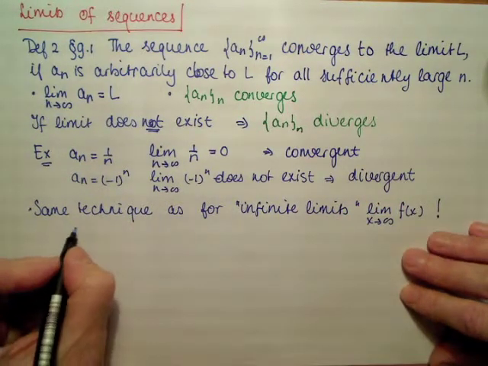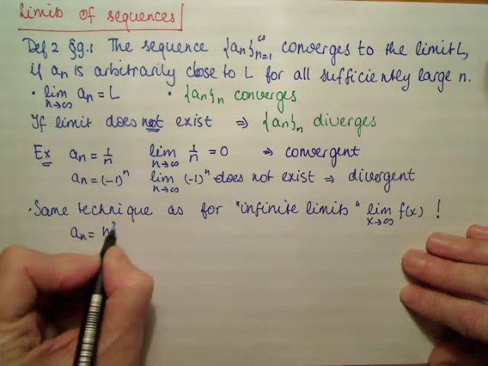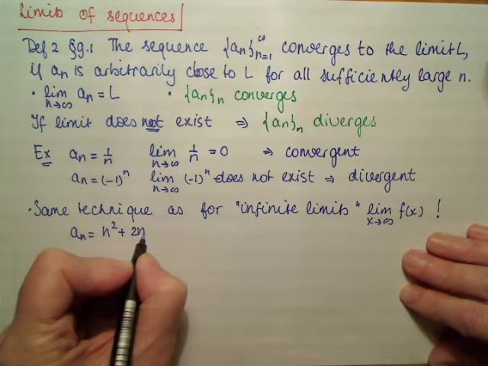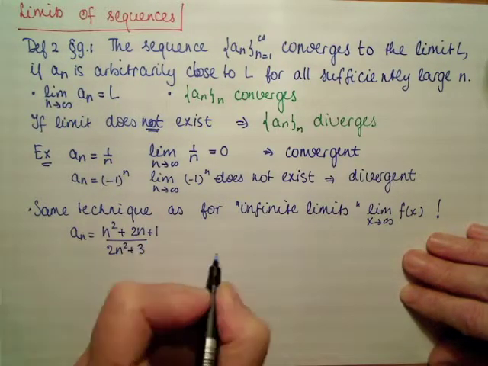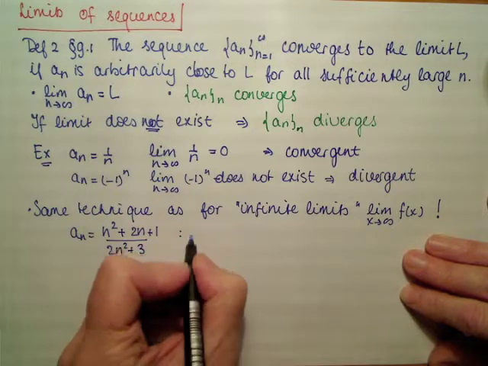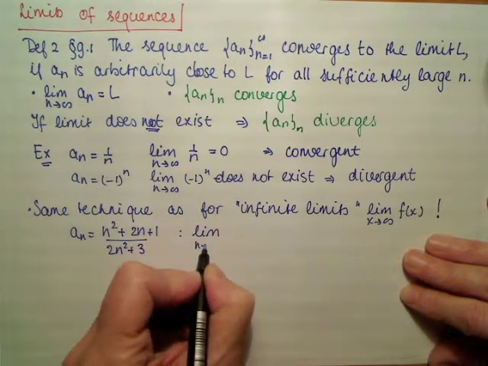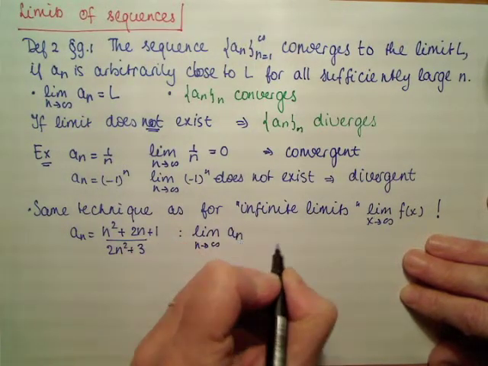Now let me give one example of that case. So suppose that an is equal to n squared plus 2n plus 1 divided by 2n squared plus 3, for instance.